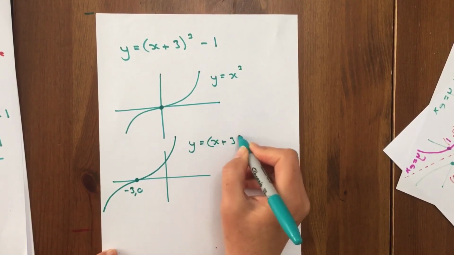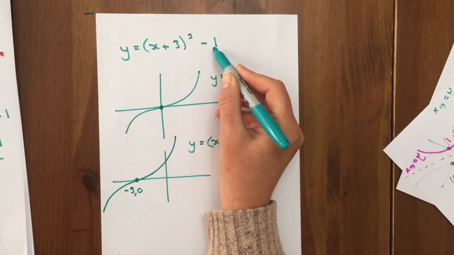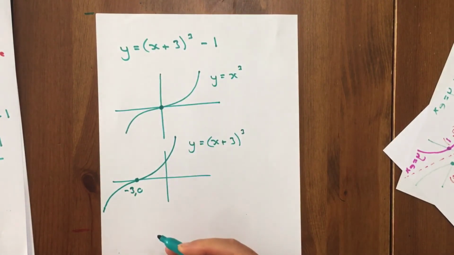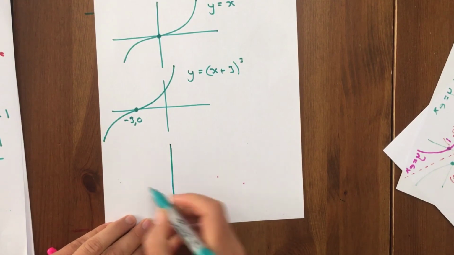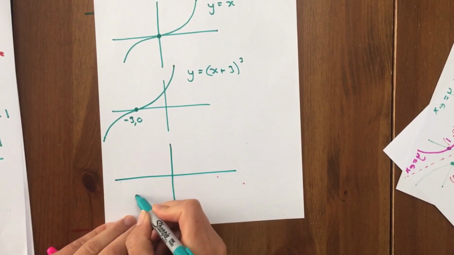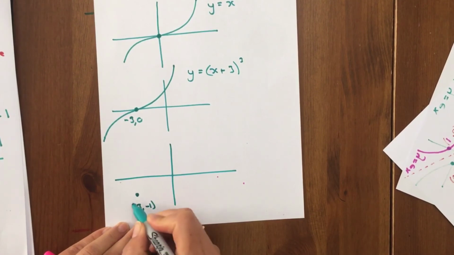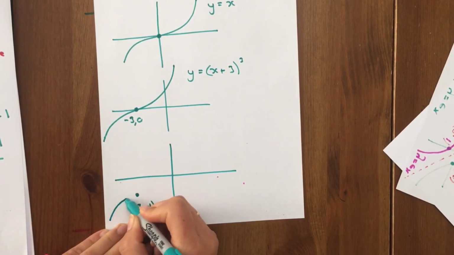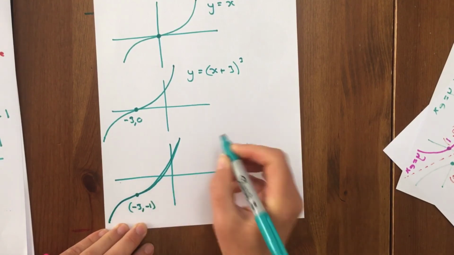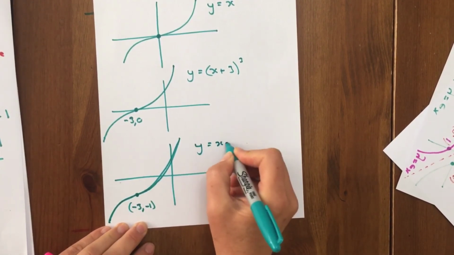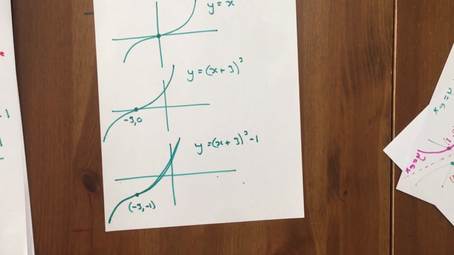So that's my transformation. And now what does the negative 1 do? Well, the negative 1 shifts the whole graph down. So this point here will now be negative 3, negative 1, and the whole graph will look like this. So this is y equals x plus 3 cubed, go down 1.